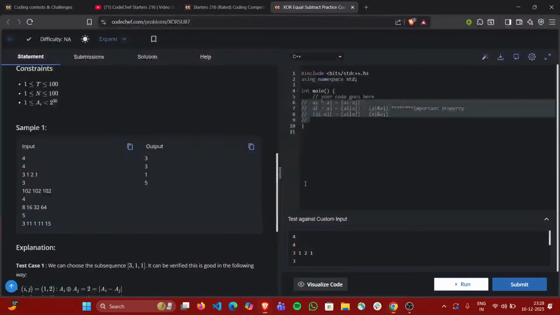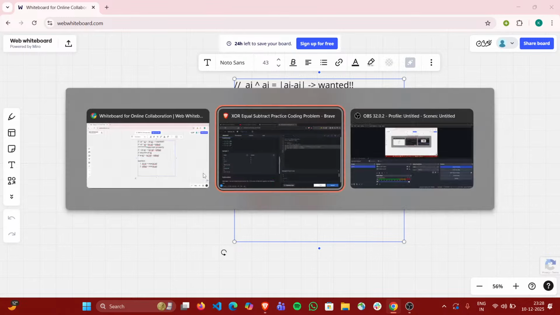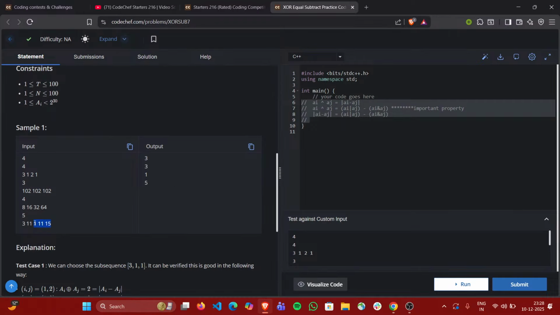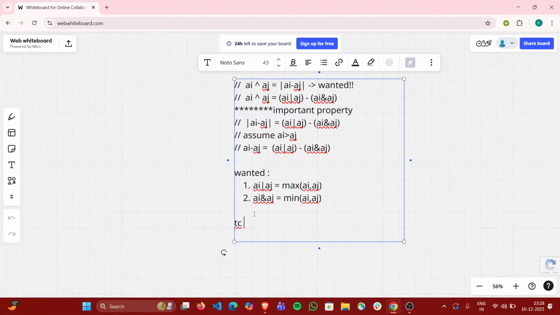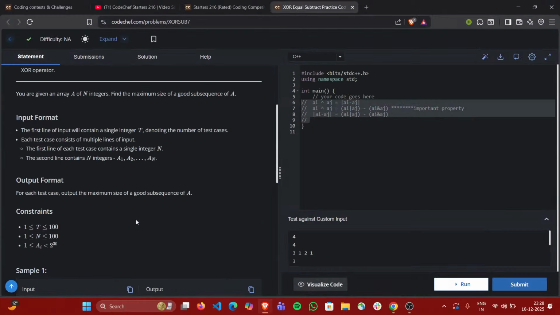So let us first try to do it for this test case. The test case number 4 I have taken, which was 1, 3, 11, 11, and 15. I've sorted this array because we have to deal with maximum and minima.